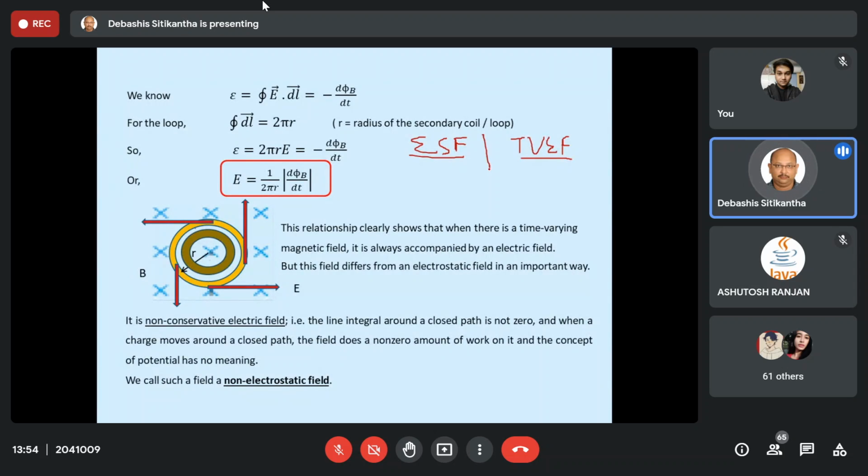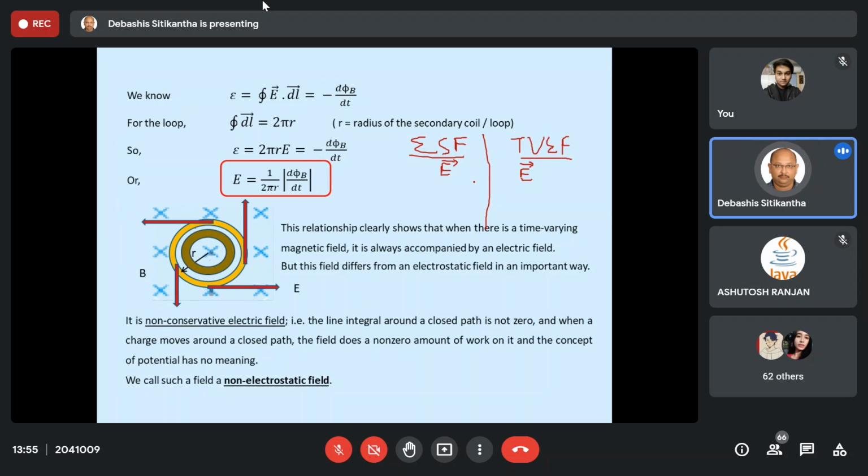In both the cases, you are using the same letter E vector to represent the electric field. Well and good, there is no problem. But do they have any difference? They have lots and lots of difference. I will only point out the most important one. This electric field is a conservative electric field, whereas this one is a non-conservative electric field.